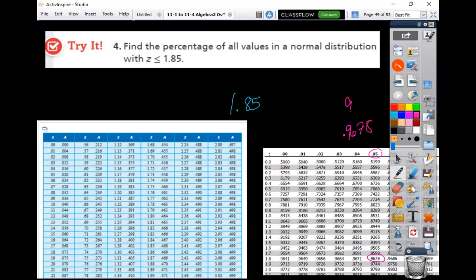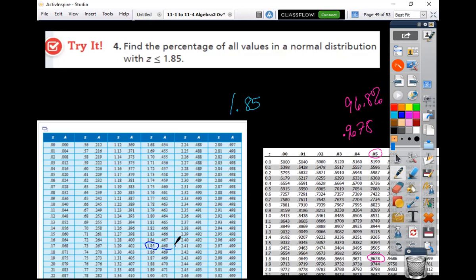So that's 96.8%. The other table is a little more confusing because with the 1.85, you're going to end up with 0.468. How does that work?